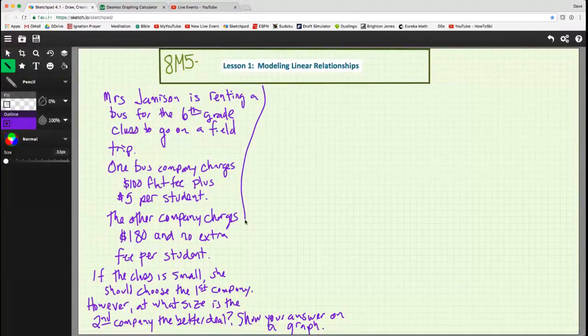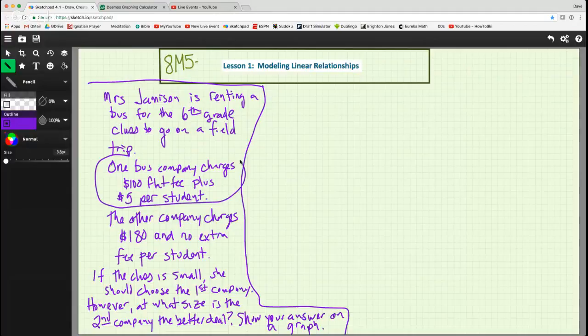Okay, here in problem 2, it's kind of a wordy problem, but it's not really that hard to break down. So let's just read through this. Mrs. Jameson is a person at the school who's renting a bus for the 6th grade class to go on a field trip. One bus company charges a flat fee of $100 plus $5 per student for this field trip.